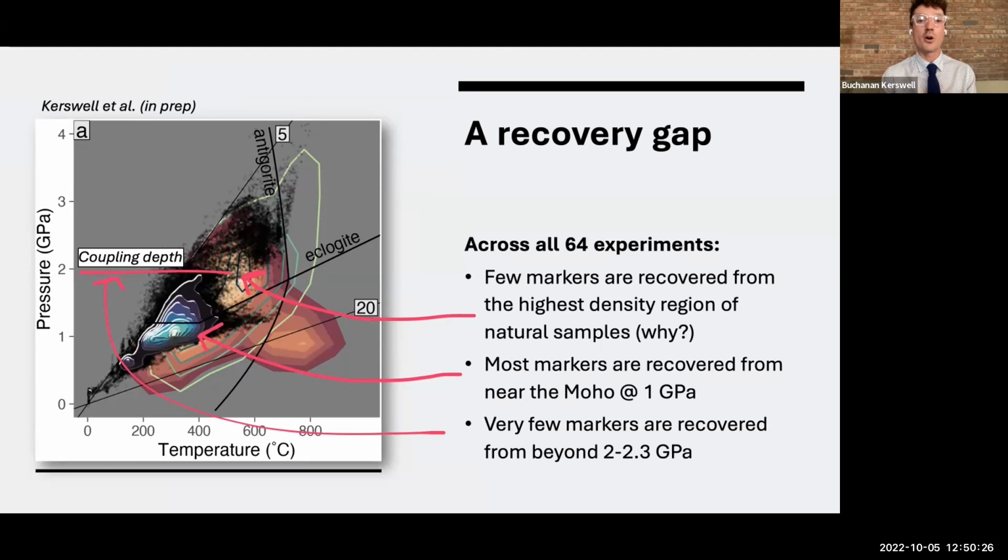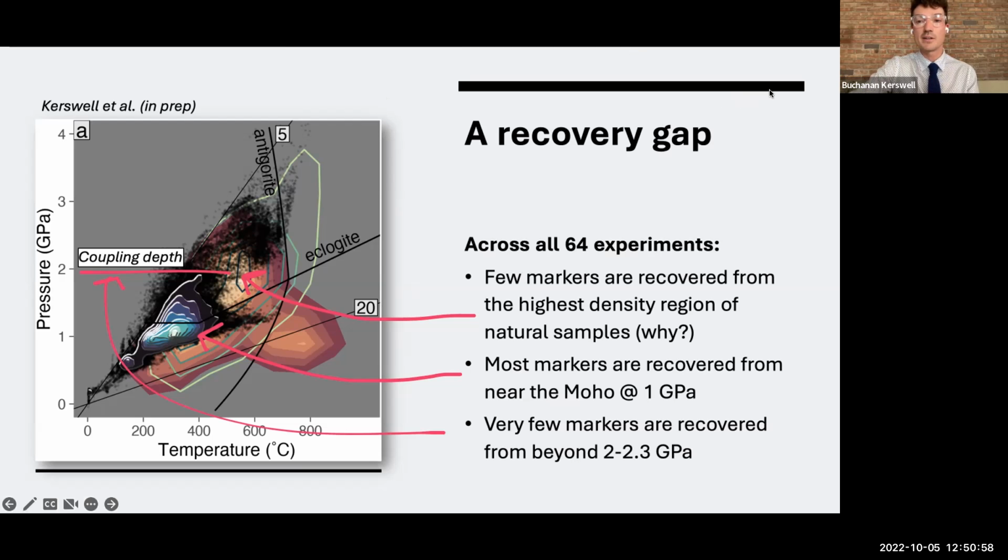Almost all of the markers, a huge majority, get recovered at or near the MOHO. Now, the very few markers that go past the MOHO and get recovered at deeper depths, none of those seem to get recovered at the same PT space where we have the highest density of natural samples.